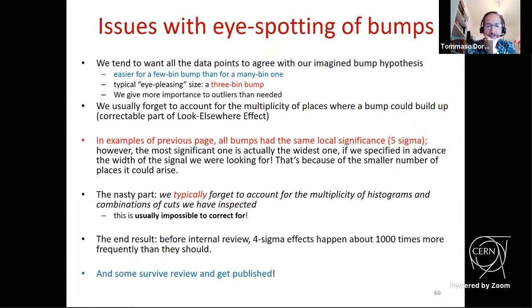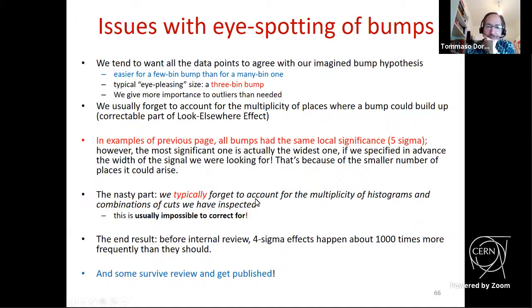So we tend to be more enamored with nice 3-sigma bumps in a mass distribution or in a spectrum anyway. Narrow departures from the expected model, whatever the model is that we don't know beforehand.